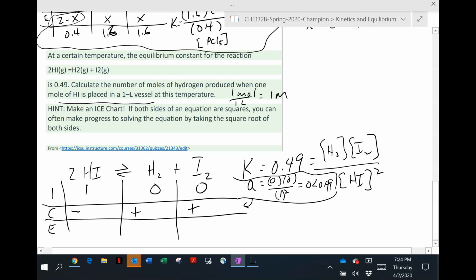And again, that's not hard to see because H2 and I2 can't become negative. They have to become positive, so they got to go up. We put our x in, and then we multiply the x by the coefficient. So this one becomes 2x. The others, we don't write a coefficient there because it's the invisible 1. So at equilibrium, we have 1 minus 2x, x, and x.